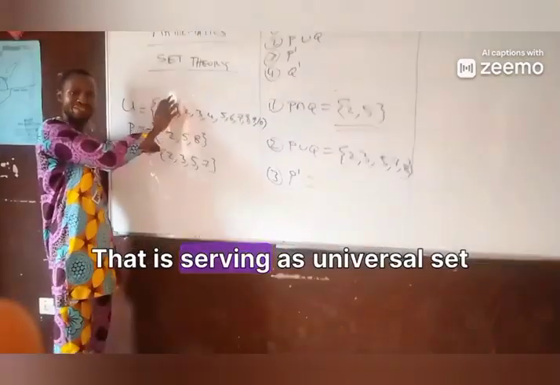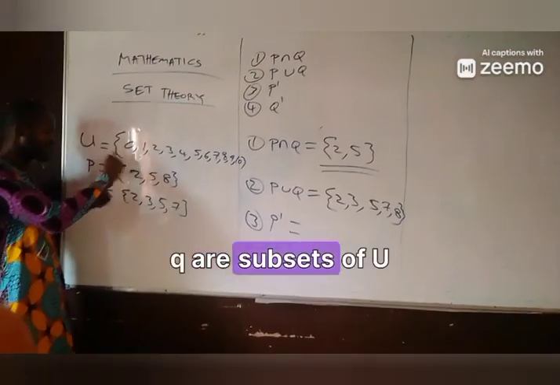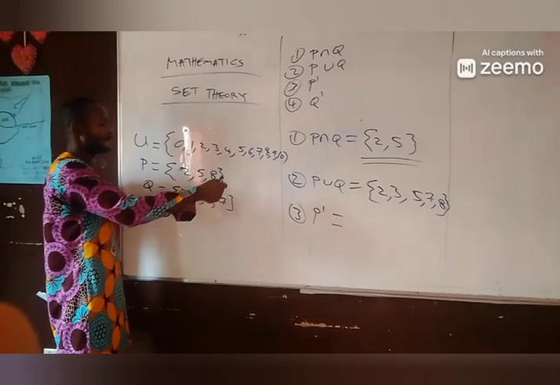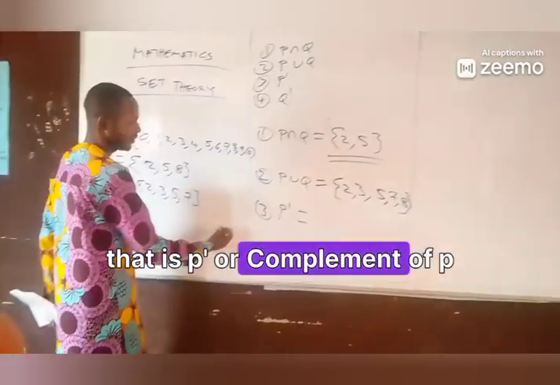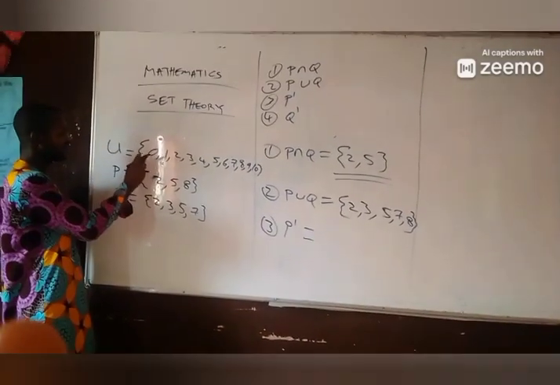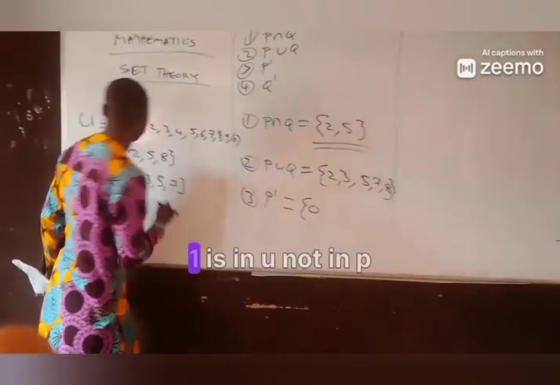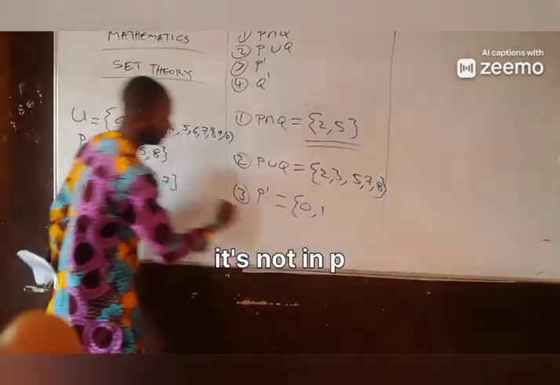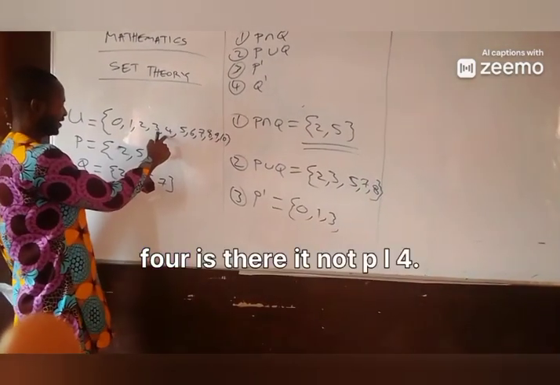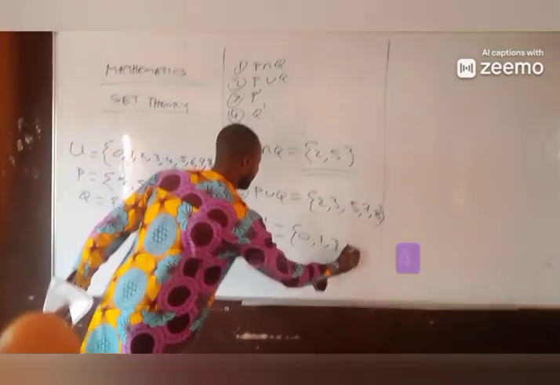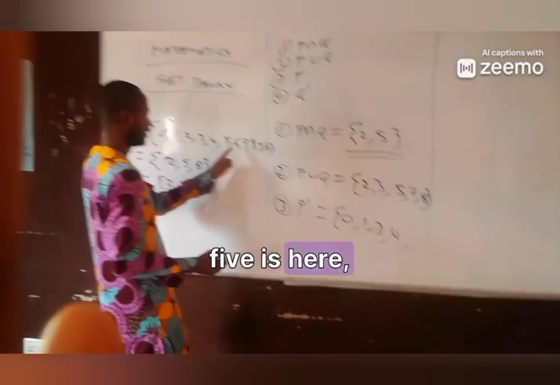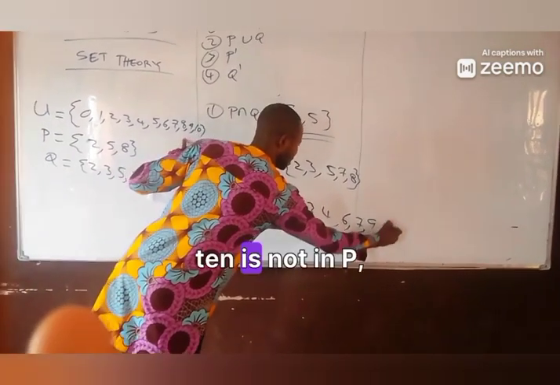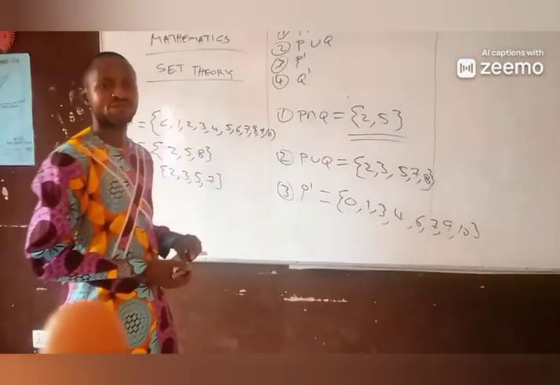In this case, this U is the universal set, because both P and Q are subsets of U. So this means the elements are in the universal set but are not in P. That is P prime, or complement of P. So 0 is in the universal set, it's not in P, so I have 0. 1 is in the universal set, it's not in P, I have 1. 3 is there, it's not in P, I have 3. 4 is there, it's not in P, I have 4. 5 is in P, 6 is not in P, 7 is not in P, 8 is in P, 9 is not in P, 10 is not in P. So this is P prime.